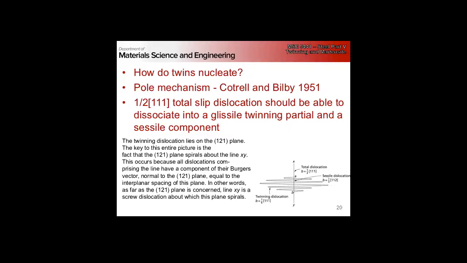So the last topic for today will be twin nucleation. This is, again, a controversial area. There's disagreements even in our department about how twins nucleate. I've done a lot of research in twinning in hexagonal metals, and I'll show a little bit of that research later.